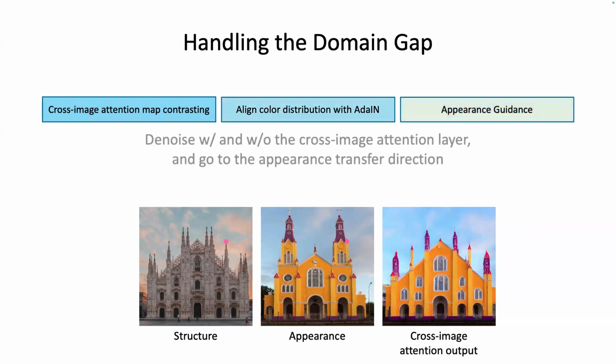And lastly, another trick that quite helped is something that we call appearance guidance. This is very similar to classifier-free guidance, but instead of denoising with and without the text prompt as we do in classifier-free guidance, here we denoise with and without the cross-image attention layer. And this gives us this improvement, which already looks quite good.